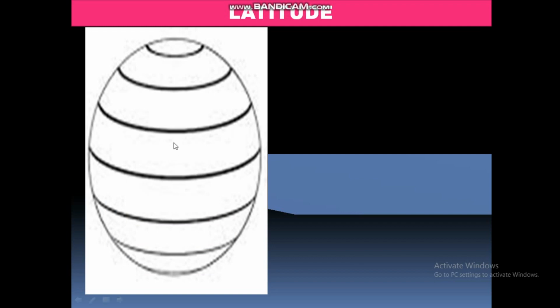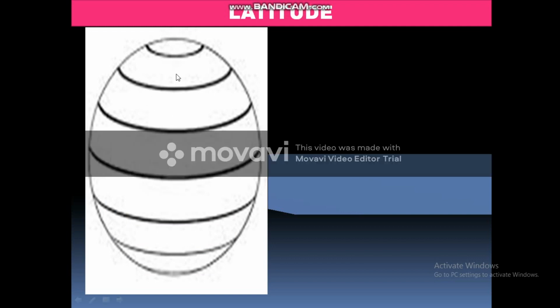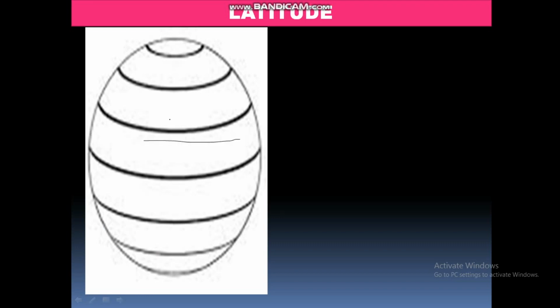As we can see, latitudes are horizontal lines. These lines are only drawn horizontally on the globe. As we can see, these lines are going from east to west direction and running from north to south. Now let's look at some features of these.